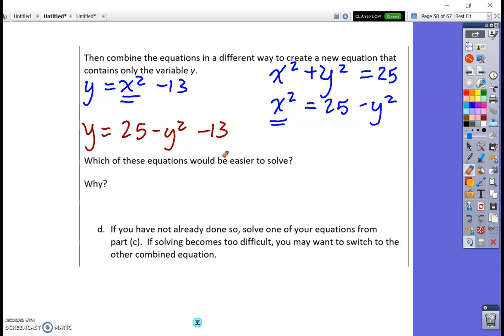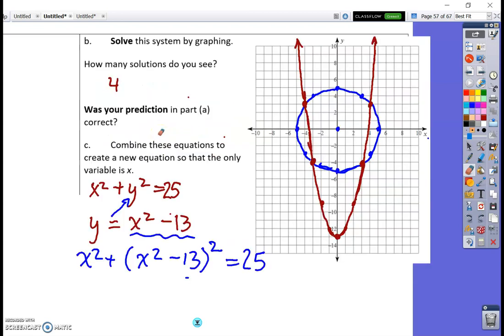And then it's just a question of which will be easier to solve. And my thought would be that this one is easier than this one. This one looks pretty complicated. I have to square it, and I'm going to end up with something to the 4th, which again, that's why I got 4 solutions. And you'll notice that there's only 2 y values. So my y values are both 3 and negative 4.